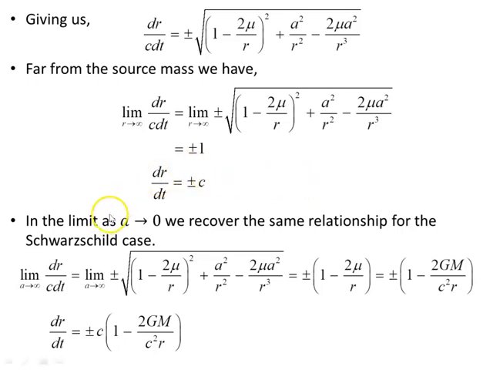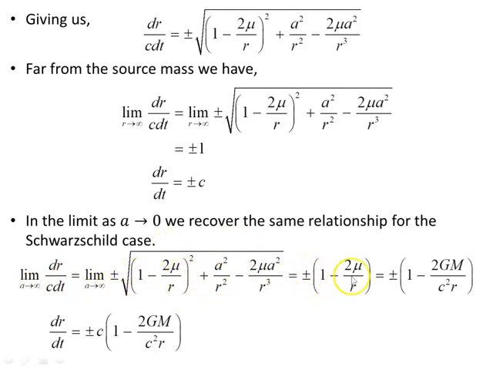What's interesting about this is that in the limit as a goes to 0, we recover the Schwarzschild case. So in the limit as a goes to 0, these terms drop off.